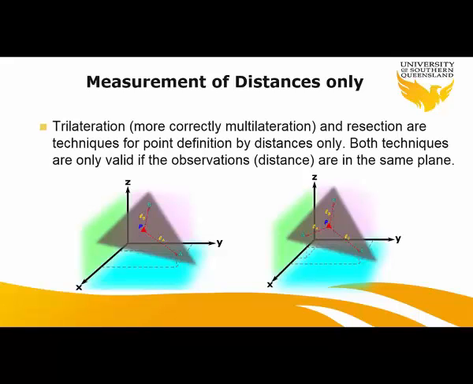If you know two known points and the distances from those two points, you can determine the point in 2D space. Obviously, if you want to define a unique point in 3D space, we need three distances, and the points should all be in one plane or one surface.